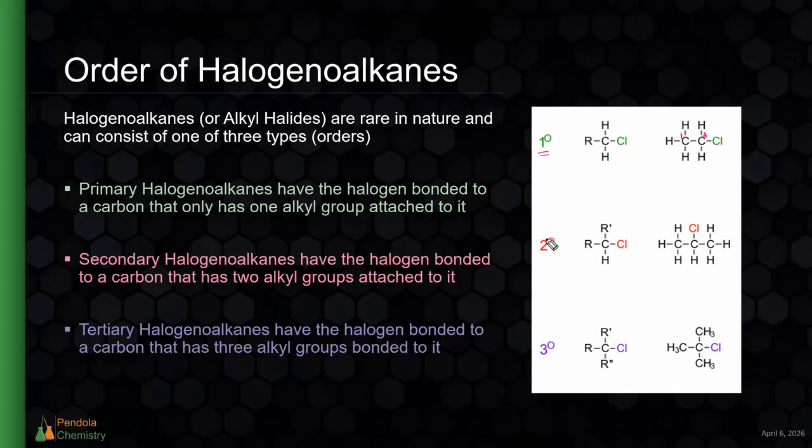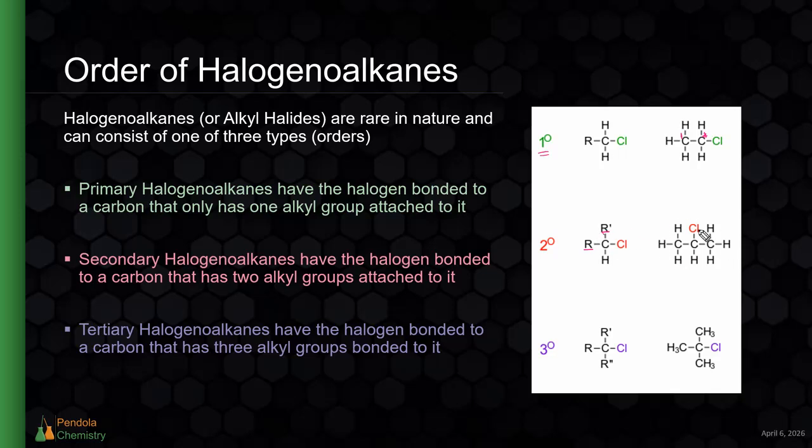A secondary halogenoalkane has 2 carbons bonded to the carbon that the halogen is bonded to. So in this case, we'll have the halogen, and we're using chlorine as an example here, but it could be any halogen, bonded to a carbon that has 2 other alkyl groups or R groups, carbon chains attached to it.